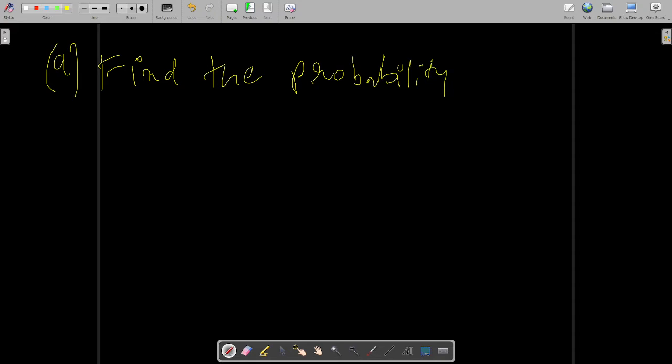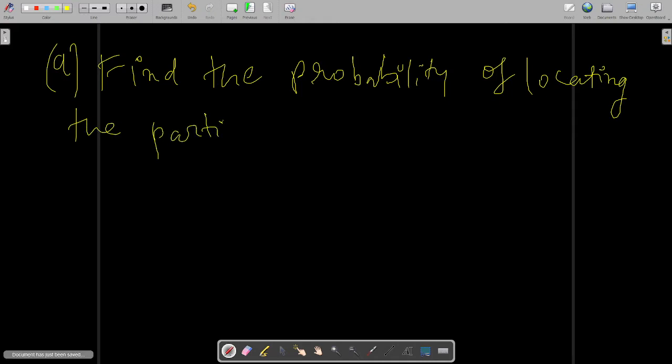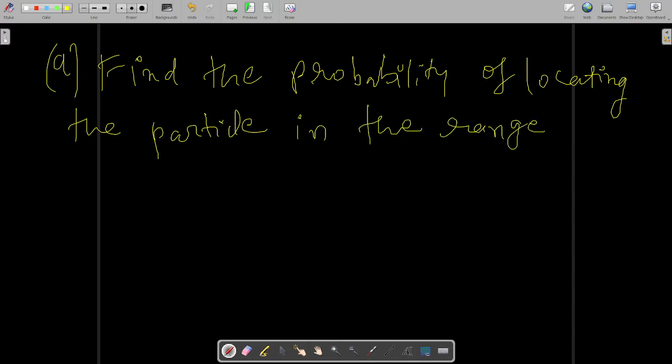Find the probability of locating the particle in the range minus alpha to plus alpha. Okay, so this you have to find out, number a. The number b part I will write later.